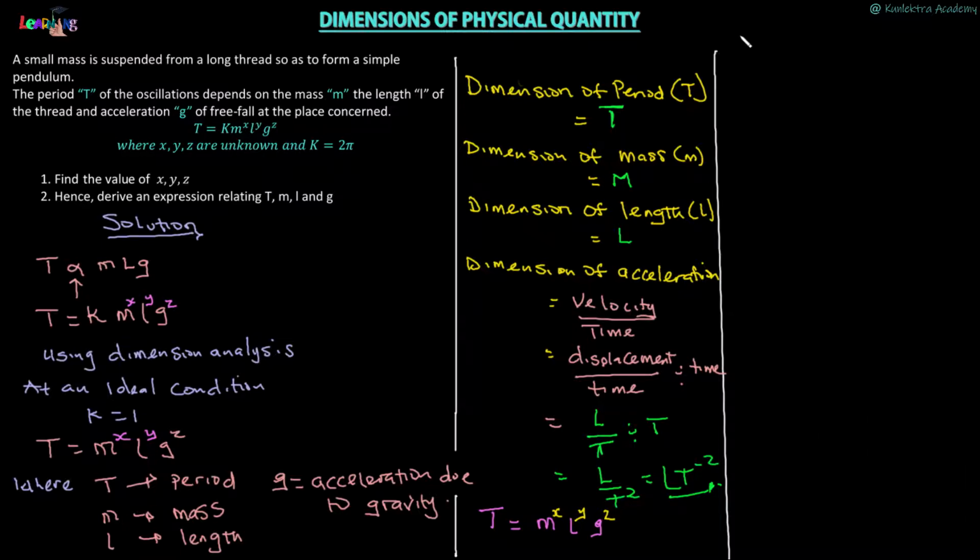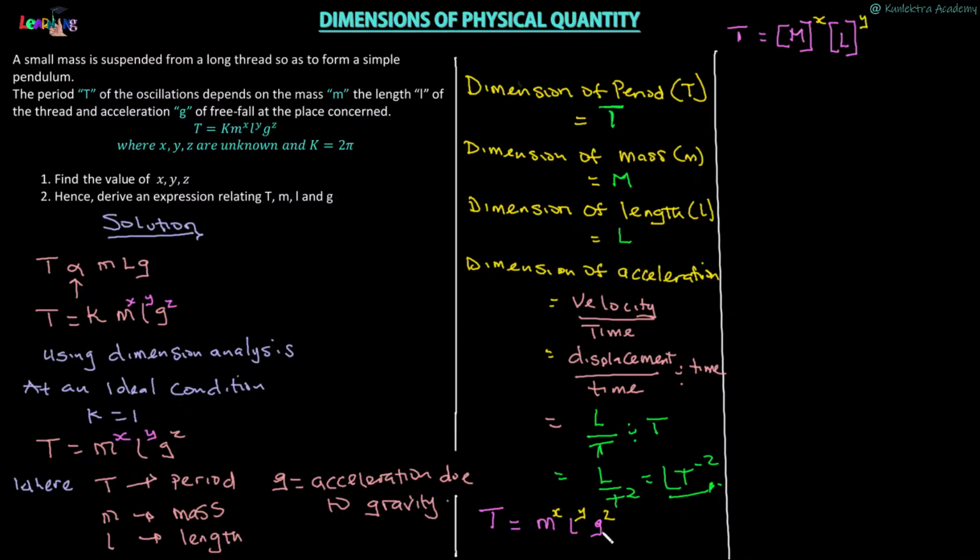The dimension of period T is equal to, the dimension of mass is M, then you have capital M raised to power x. The dimension of L is capital L, so you have L raised to power y.